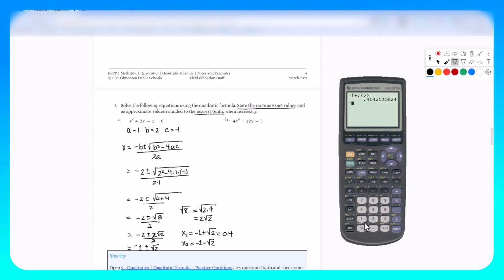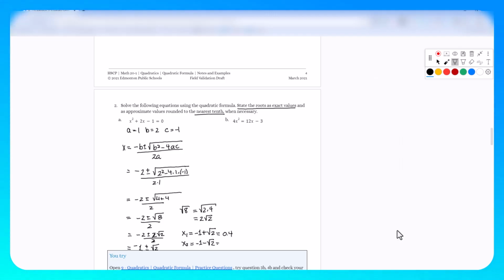And the next one is -1 minus square root of 2. And this is -2.4 to the nearest tenth. There we go. So we have exact values, this column here, this is exact, and these are our rounded.